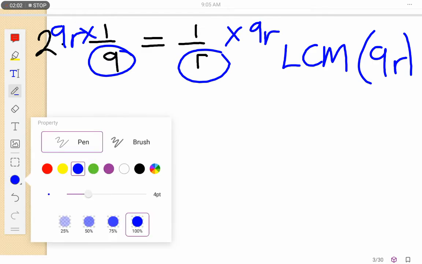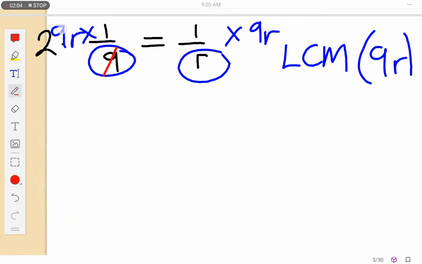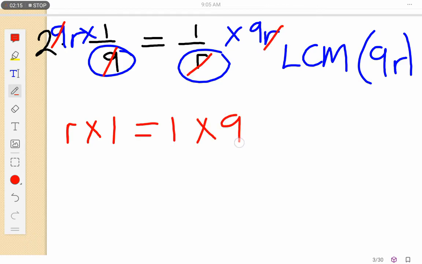Now 9 into 9 cancels off, and I remain with r times 1, which is equal to r dividing with r, and I remain with 1 times 9. 1 times r, we get 1r, which is the same as r. This is equal to 1 times 9, we get 9. So this becomes our answer.